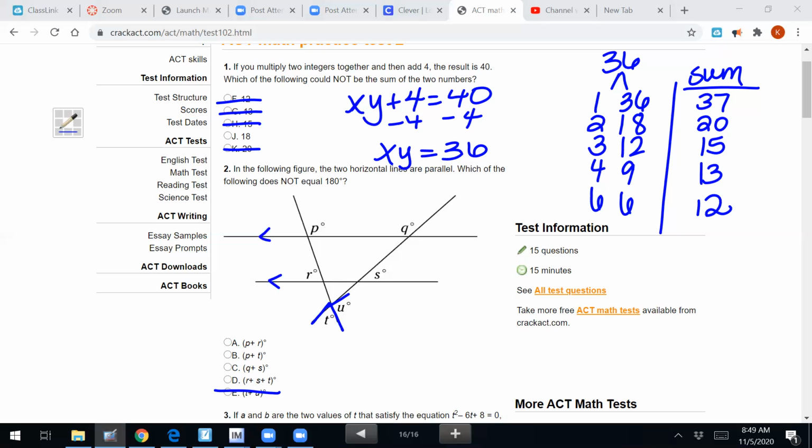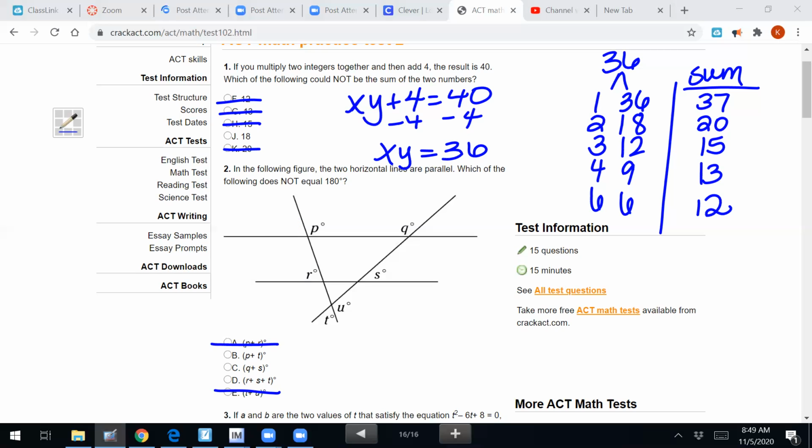Then we have P plus R. P and R. Okay, R is here, so its corresponding angle is there. Remember, corresponding is the one that's in the same location using the transversal. So these are in the same spot. So now R and P are definitely going to be a linear pair. So they equal 180. So that's not it.